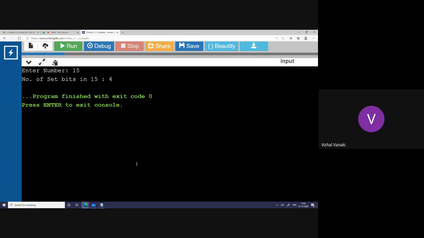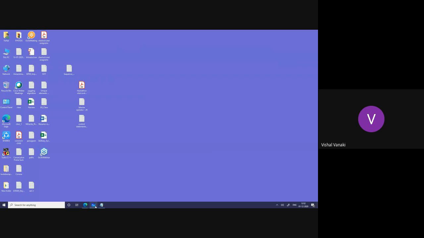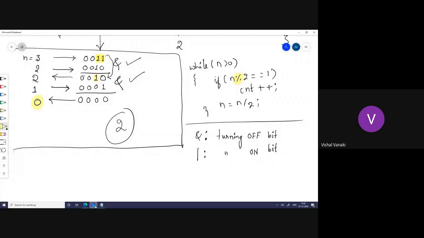Are we clear how we can work on this example? Right? Now, you guys tell me how to count number of reset bits. Is the logic clear for all of you?